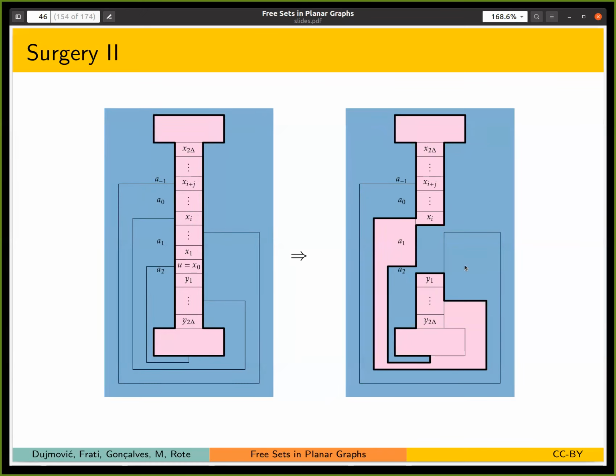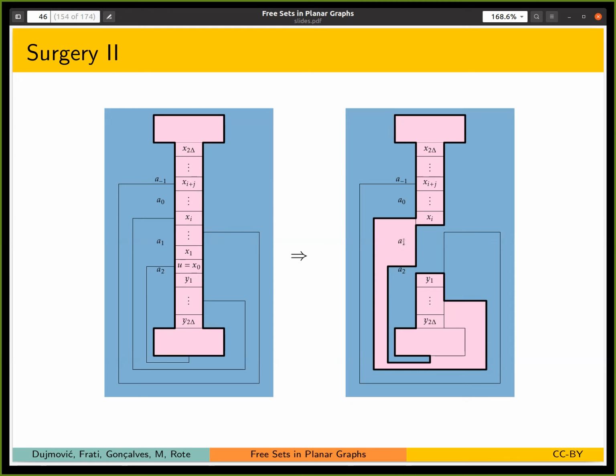One of these surgeries changes the length of the cycle. Right, the length of the cycle could decrease because you've changed it in some way that has to do with a bounded number of faces. Luckily, you can bound all of that change by delta.